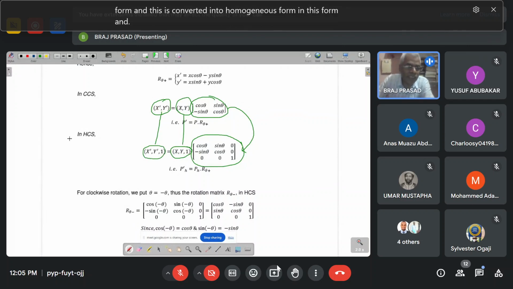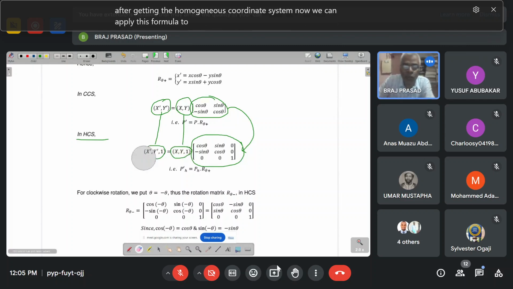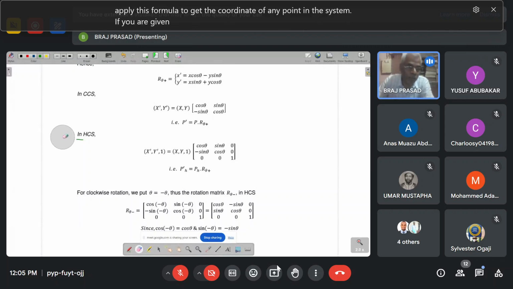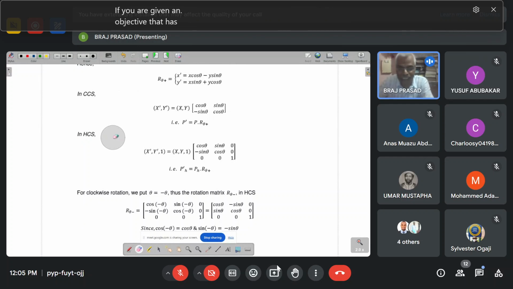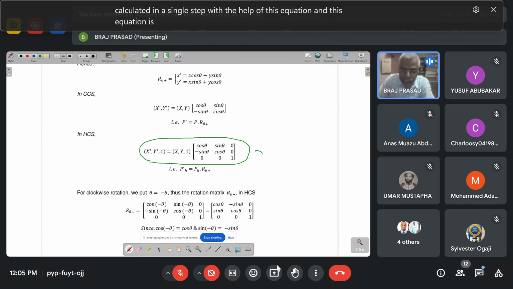And after getting the homogeneous coordinate system, now we can apply this formula to get the coordinate of any point in the system. If you are given an object that has multiple points, all those points can be calculated in a single step with the help of this equation. And this equation is symbolically denoted by p dash h.